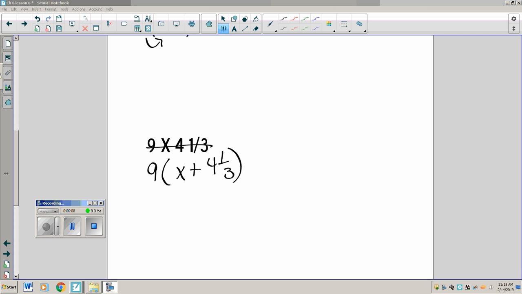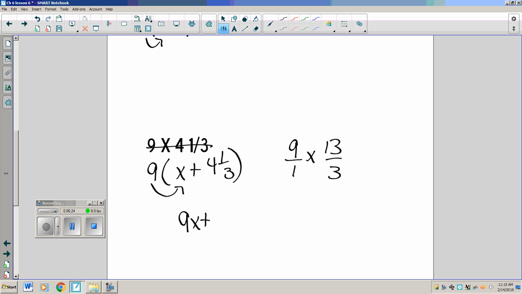For the last one, you have 9 times x plus 4 1/3. 9x plus 9 times 4 1/3. 9 times 13 thirds. Cross reduce. 1, 3, 3 times 13 is 39. So you would get on this one 9x plus 39.